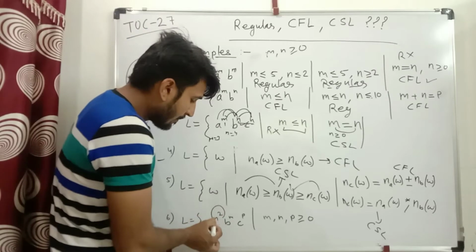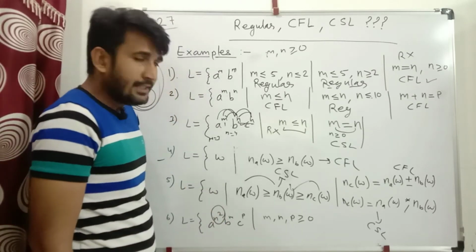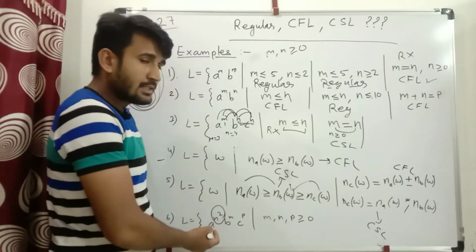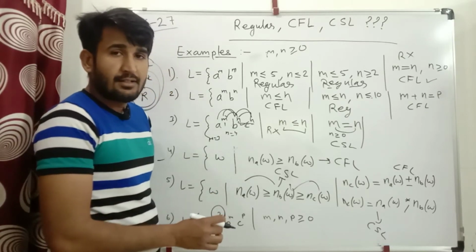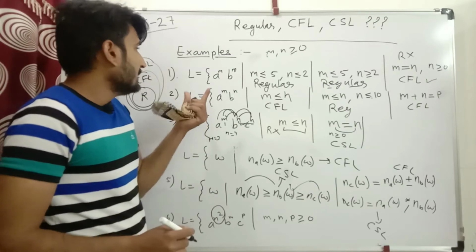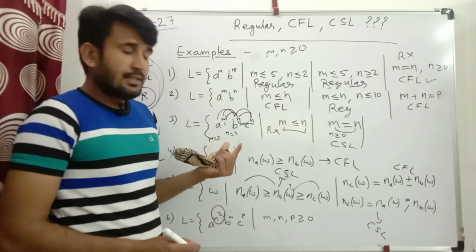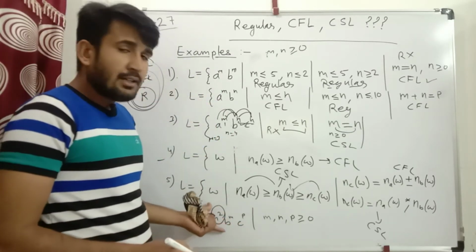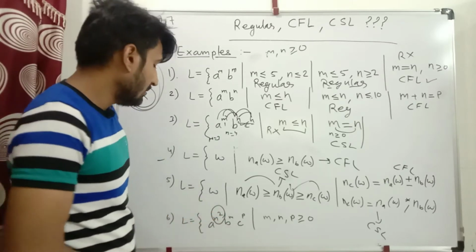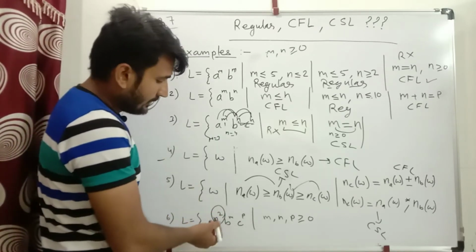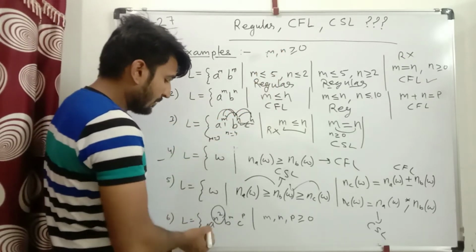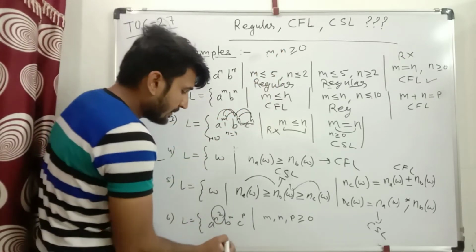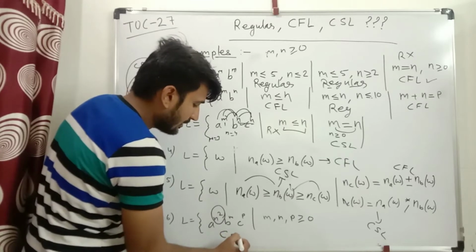There is a non-linear power, n square, so surely we can say it is CSL. Regular and CFL can't have a non-linear power; in those expressions it can't be non-linear. In CSL there can be a non-linear power. Here is a non-linear power, so it is CSL.